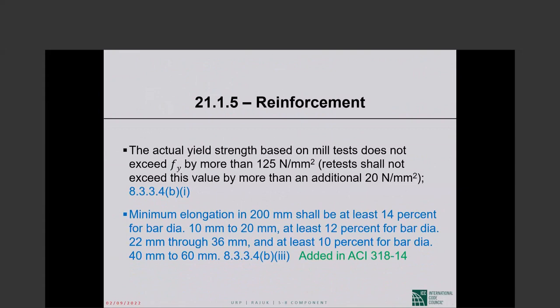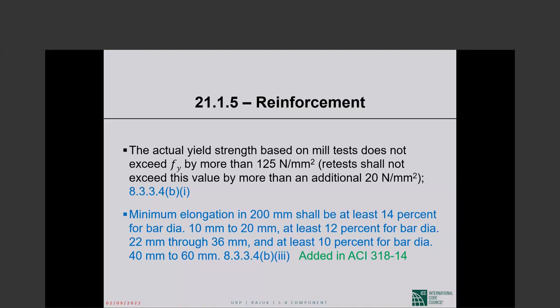remember the black is ACI 318-08, blue is BNBC 2020. The actual yield strength shall not exceed the specified yield strength by more than 125 Newton per square millimeter. It's 18 ksi in our units.